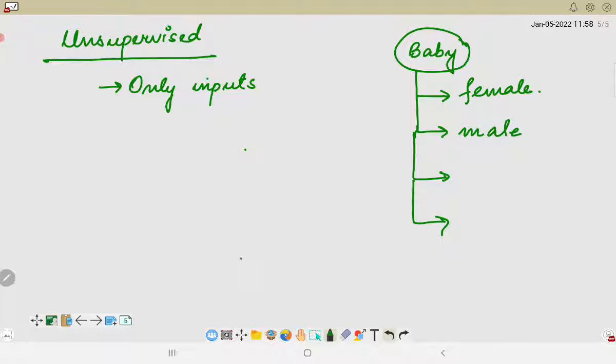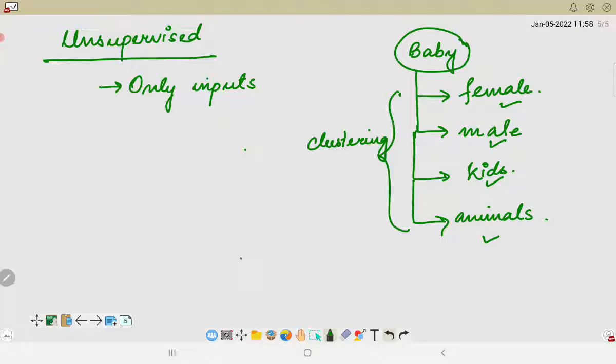Okay, and smaller people, it will be categorizing them as kids, and who walks on four feet, the baby will be categorizing them as animals. So these things the baby has not been taught. It will simply go on clustering based on the different features each of these groups would have.